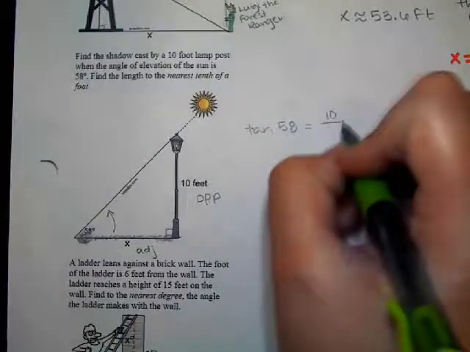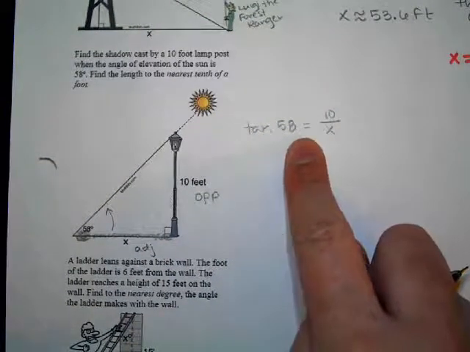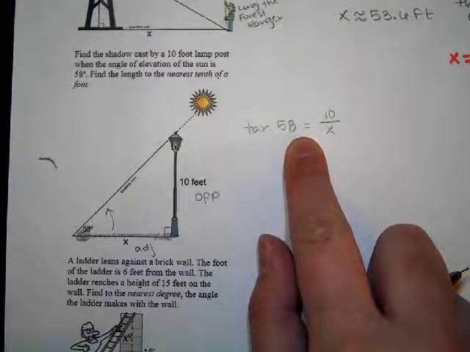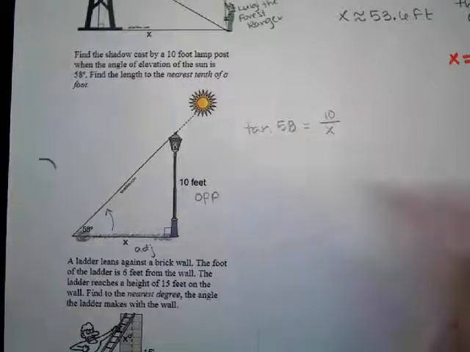And if we want to solve this quickly, we don't want to show all of our work because we already know the shortcut, what should we do? Yep, x equals 10 over tan 58.